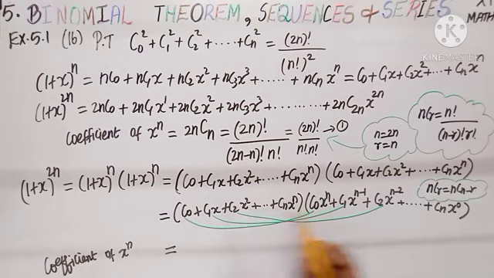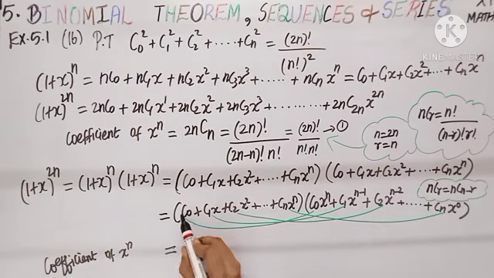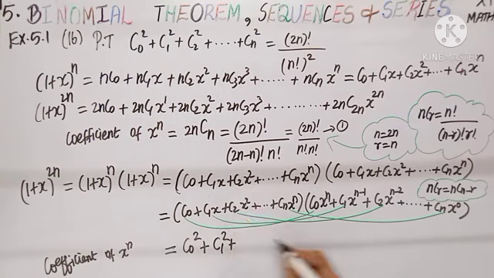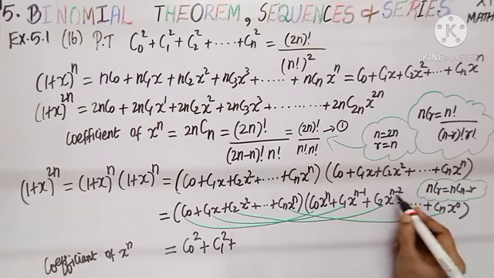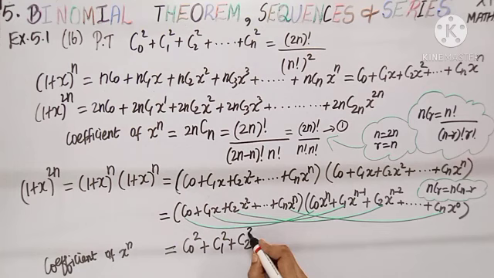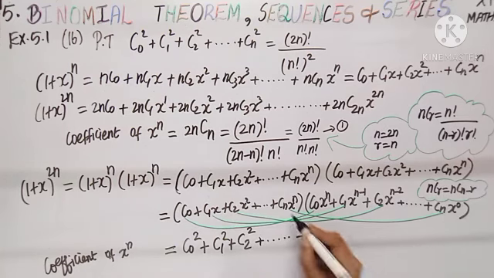X power 2, x power n minus 2. Like that, I will combine this. So in all the cases, if I want the coefficient of x power n, C0 into C0, C0 square, C1 into C1, C1 square, C2 into C2, here power n minus 2, here power 2, C2 square and so on. At the end, Cn into Cn, Cn square.